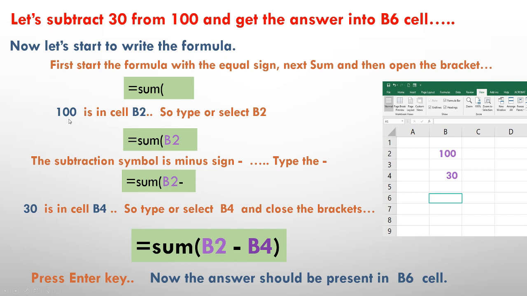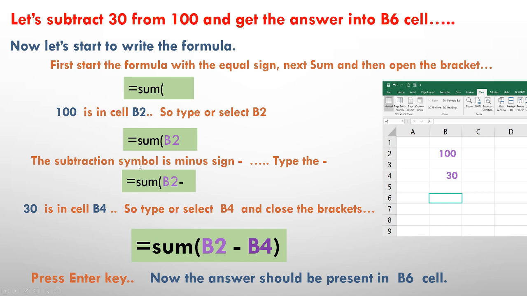Now the number 100 is in cell B2. Yes, we need 100 first, so we should find the name or address of the cell. 100 is in the B2 cell. So type or select the B2 cell. We can type B2 or else you can select the B2 cell.